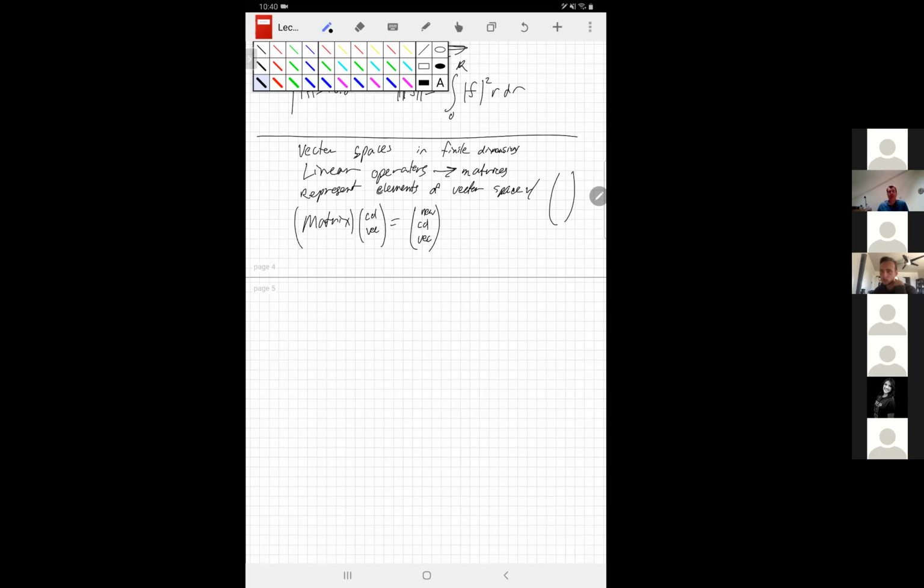And then last week we talked about how we could represent functions with Bessel functions. And again, in principle, I would need an infinite number of Bessel functions, but maybe I'd only need a handful of Bessel functions to represent something accurately.